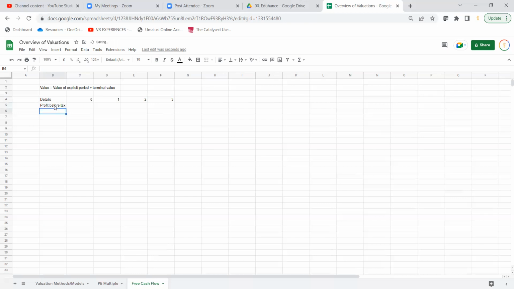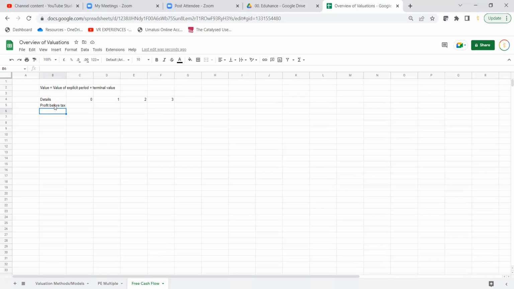Profit before tax is very different from profit from operations. You can start off with any profit number, and it's much easier to start off with profit from operations. But the reason why you need to start off with profit before tax is because then they can test lots of principles. By starting off with profit before tax, they can test very good principles.